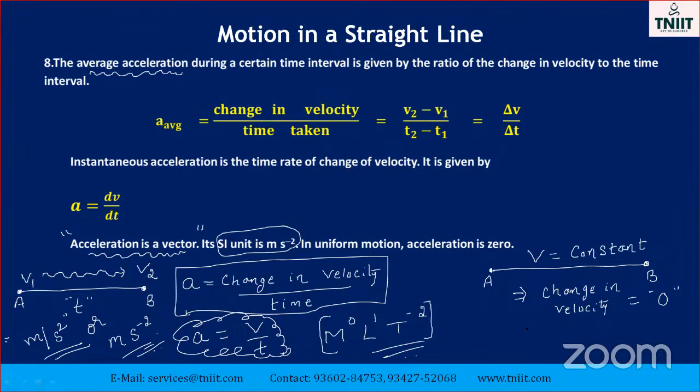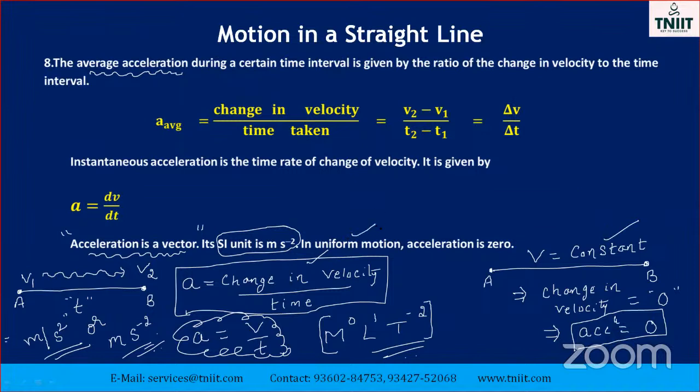Because if the particle is moving with a constant velocity, there will be no change in the velocity. If there is no change in the velocity, what will be the acceleration? Acceleration is defined as the change in velocity to the time taken. Since the change in velocity is 0, the acceleration is going to be 0. So acceleration is 0 if the body is moving with constant velocity.